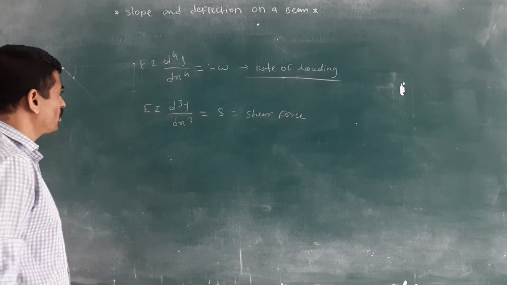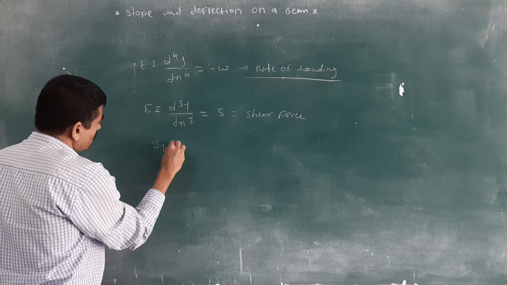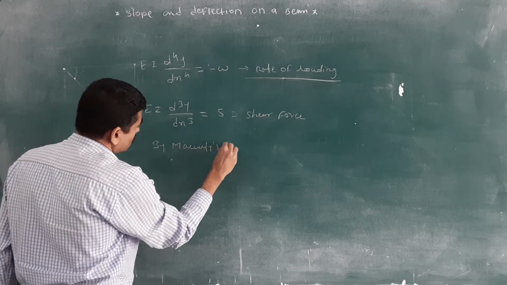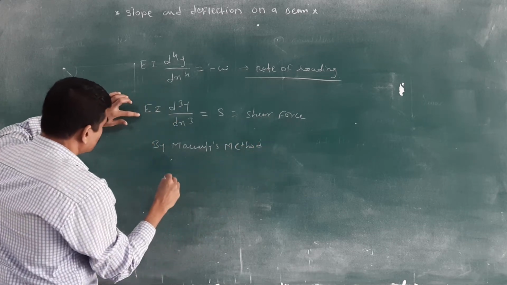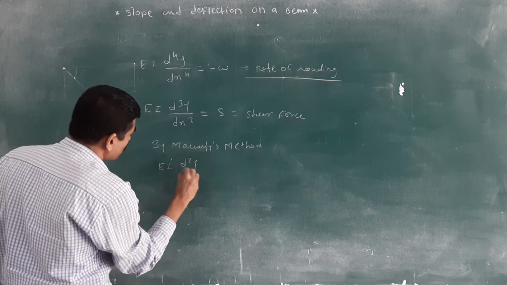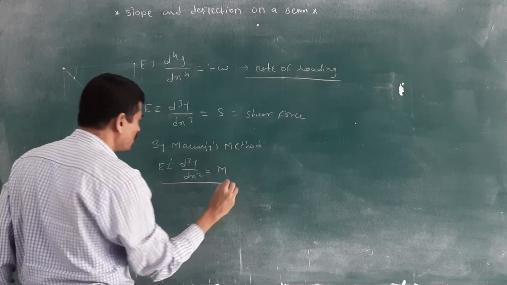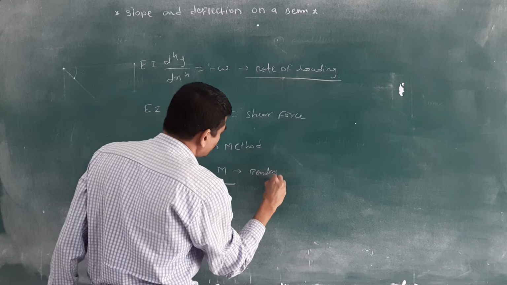Then if you integrate again, you get EI d^2y/dx^2, and this formula, which we use in the Macaulay method, gives the bending moment.